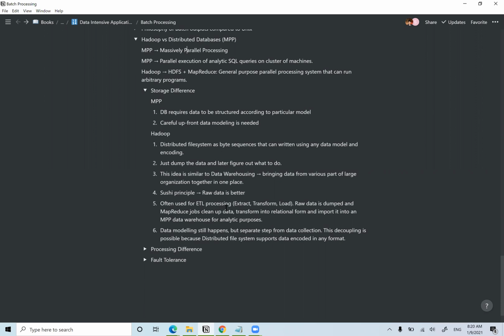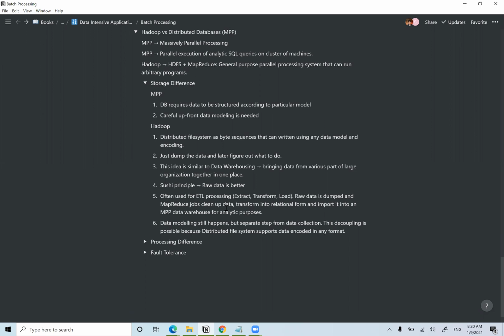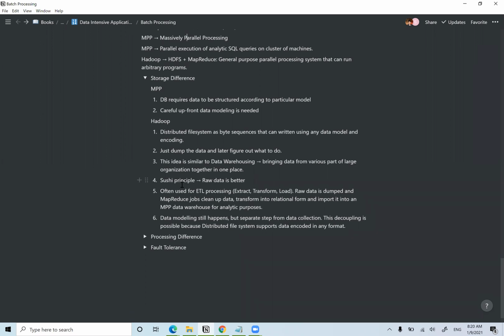Right now you just dump your data because you don't know in future how that data could be useful, and then later you figure out how you can improve your systems and how you can use your data to actually analyze and build better systems, right? And this is also called the sushi principle: raw data is better.